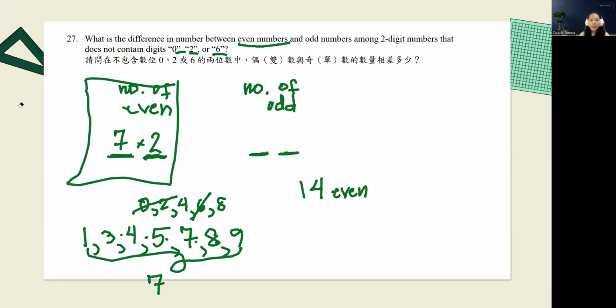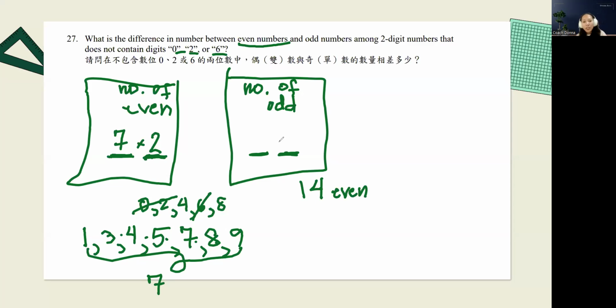However, we still need to check for the number of odd numbers. For the odd numbers, we can actually use 7 numbers for the tens place.